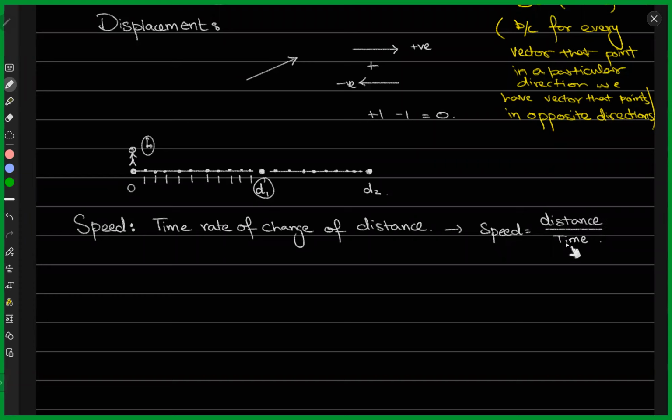So for example, I start from here and my stopwatch is set to 0. Suppose I arrive at this point where the value for distance is, suppose, 10 meters, and now the stopwatch reads 5 seconds.